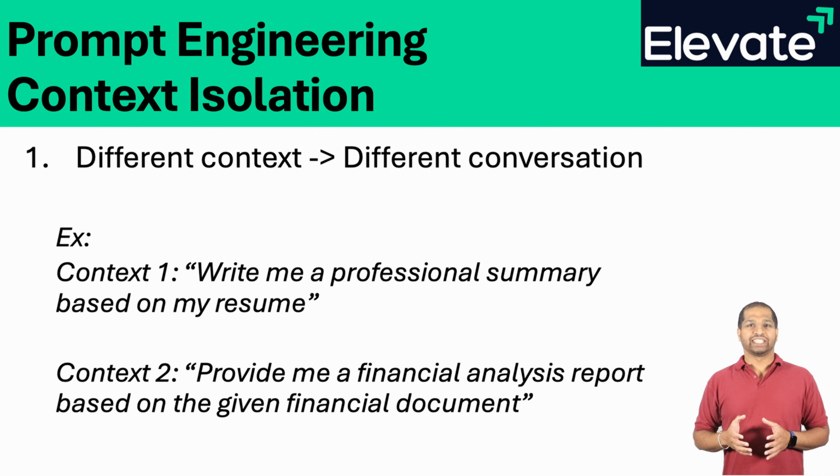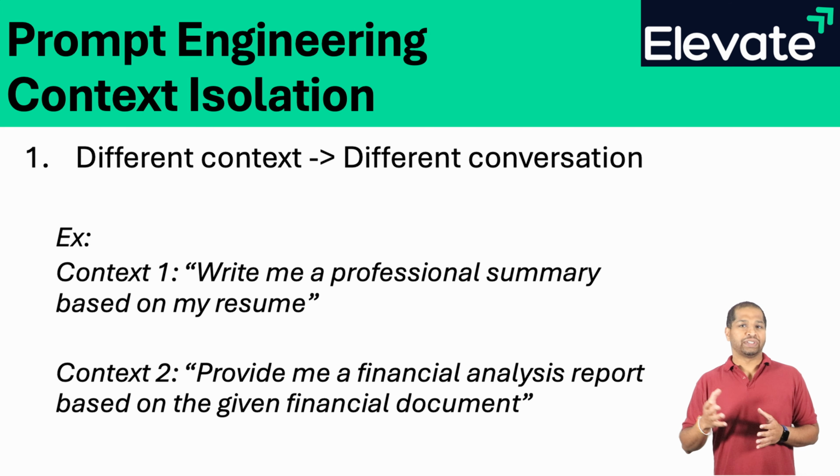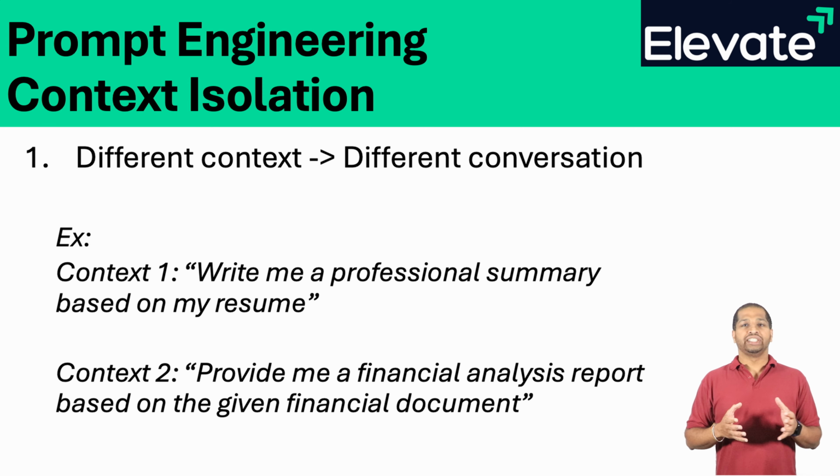For different contexts, you should ideally have different conversations. For instance, if in one conversation you ask the GPT model to write a professional summary based on your resume, and if you want to analyze a financial report, the second task should go in a new conversation.